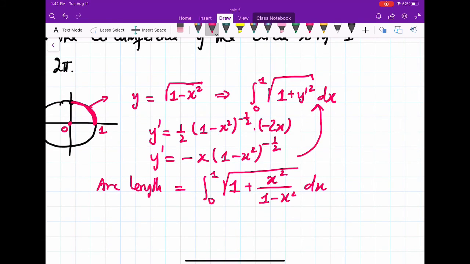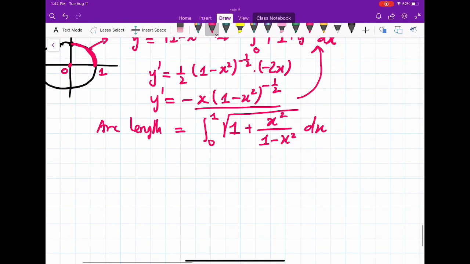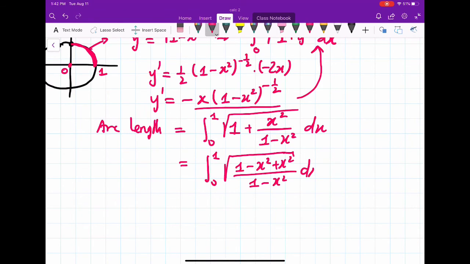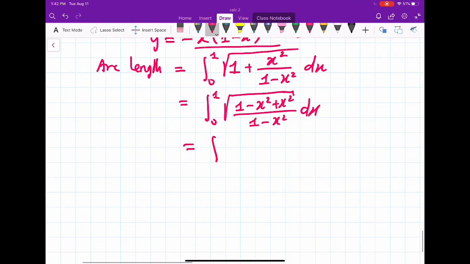All right, when you square this function, you have negative 1. When you flip that, you get 1 over 1 minus x squared. So I get the integral from 0 to 1 of square root of 1 minus x squared plus x squared over 1 minus x squared dx, and that is just the integral from 0 to 1 of dx over square root of 1 minus x squared. And we know this, right?